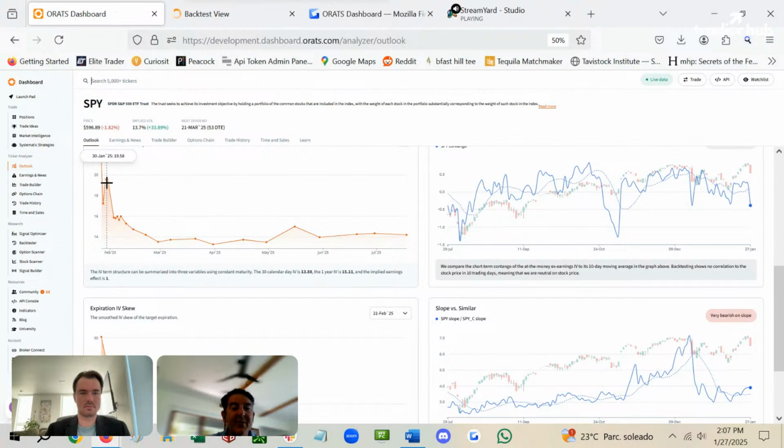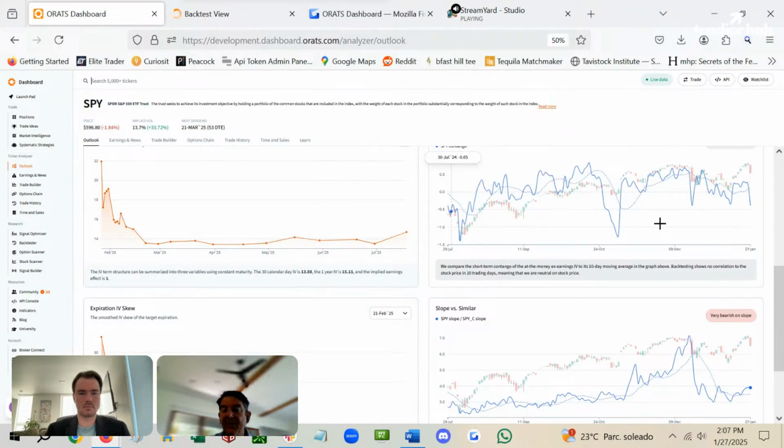In this graph, we show all the expirations and the at the money implied volatilities, and you can tell in the front months, February, March, April, the volatility is much higher. That is definitely backwardation, or negative Contango. You can see the measurement of it updating over there too, but it's really fallen off as the market fell off, Tyler.